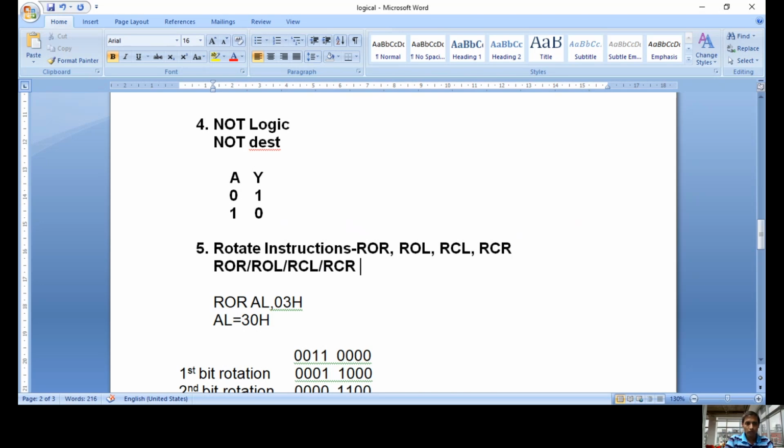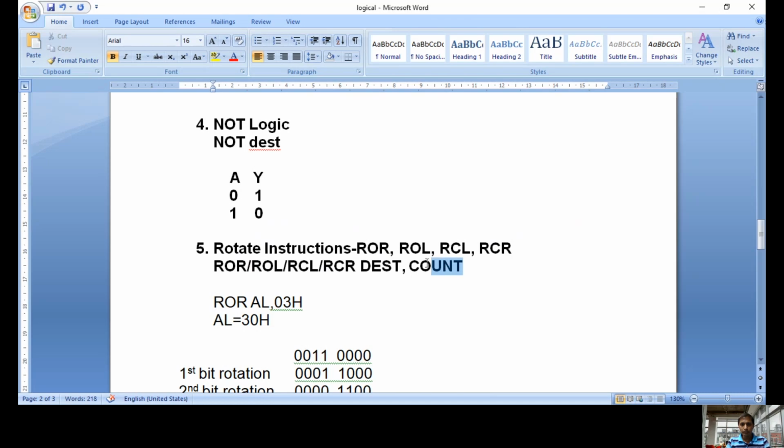We can use either ROR or ROL or RCL or RCR, depending on the requirement. The syntax is the mnemonic, space, destination comma count. So what is the meaning? For example, I'm taking the ROR instruction. ROR destination comma count means the content of destination is rotating right side by this many count bits.